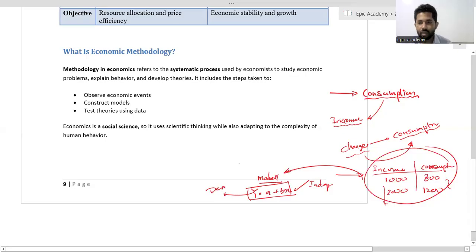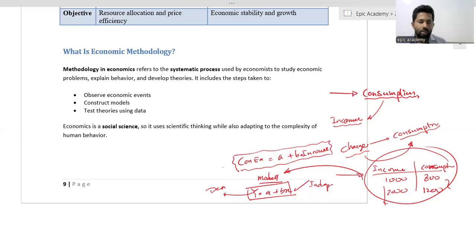So we can create that model like this: consumption expenditure equals A plus B income. We have to discuss the Keynesian consumption function and saving function, each and everything belonging to the equilibrium income level lessons. Don't worry about all those components. We are going to discuss all those things related to the economic subject.